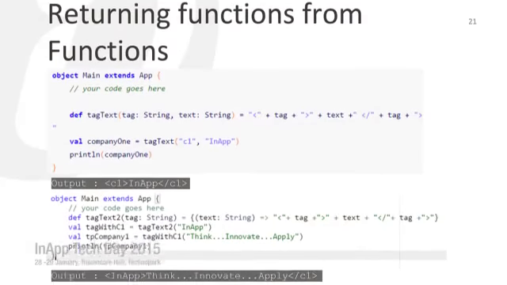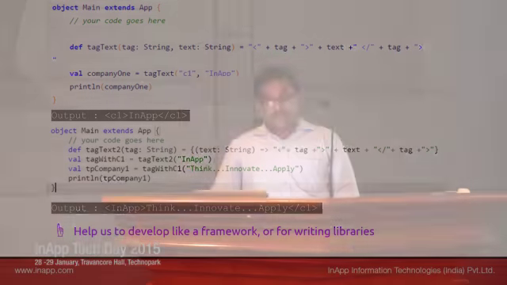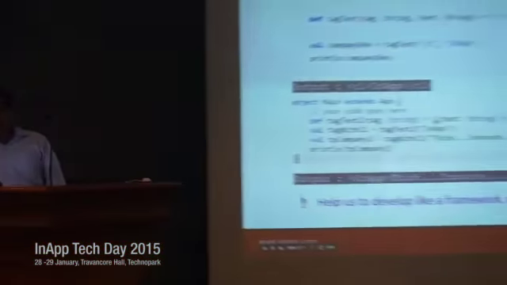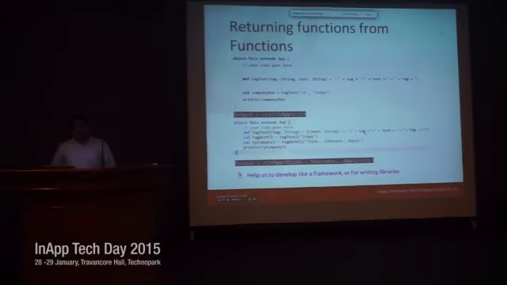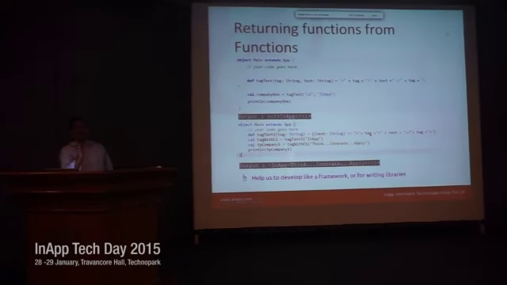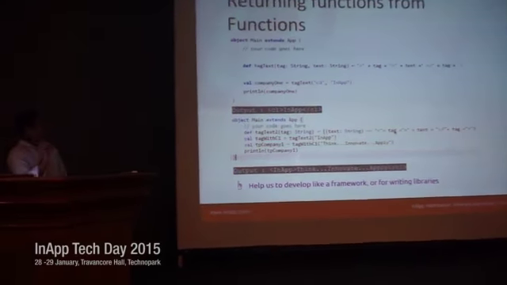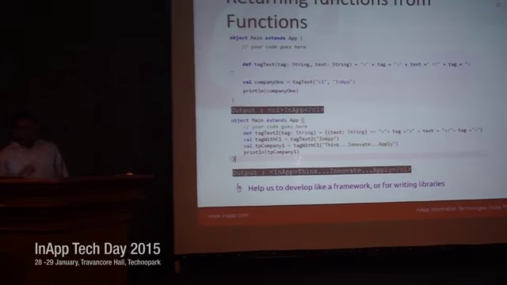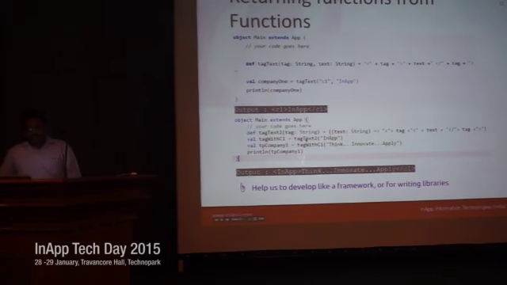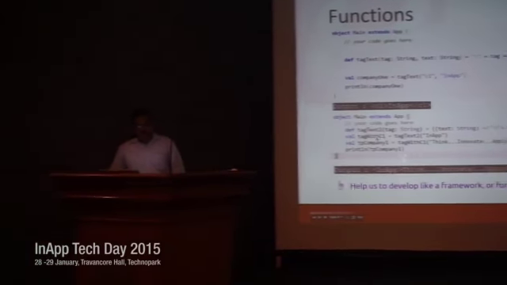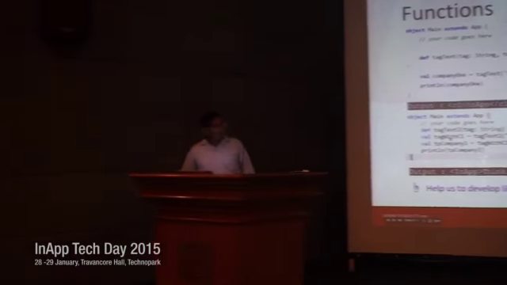Okay. Next, returning functions from functions. Here I am trying to pass text to, in this example, the type is string, and the return type of that function, after the equals, is another function. It's a block of code. It's a function. Then I am assigning that function to tag with C1.